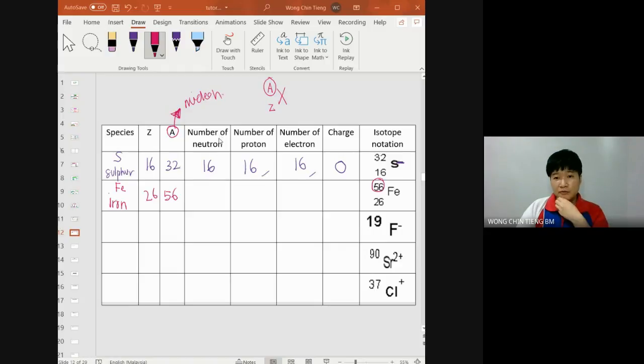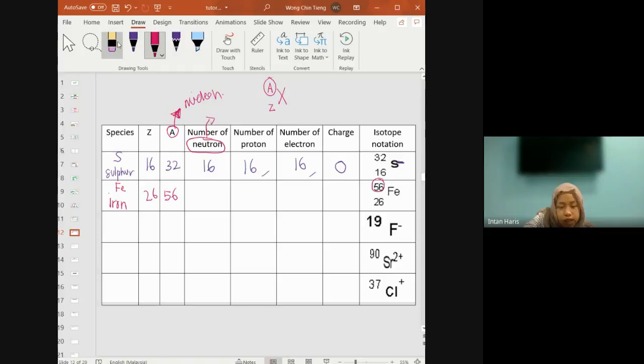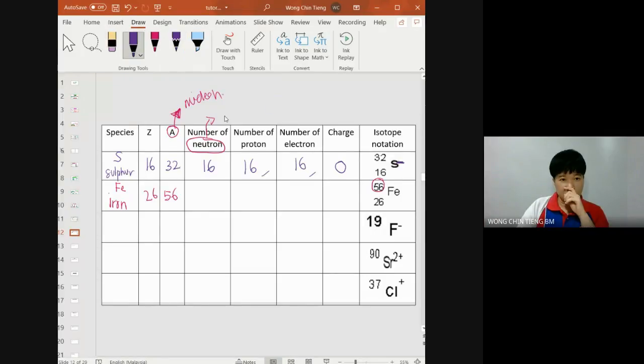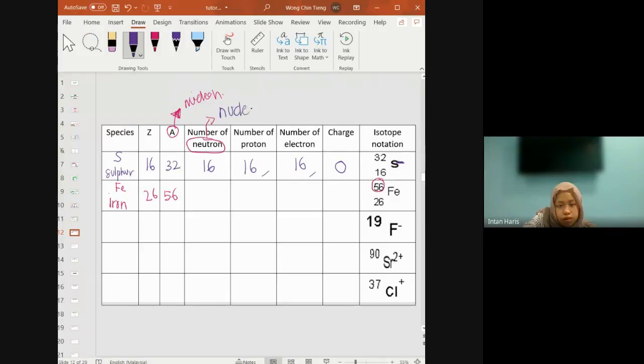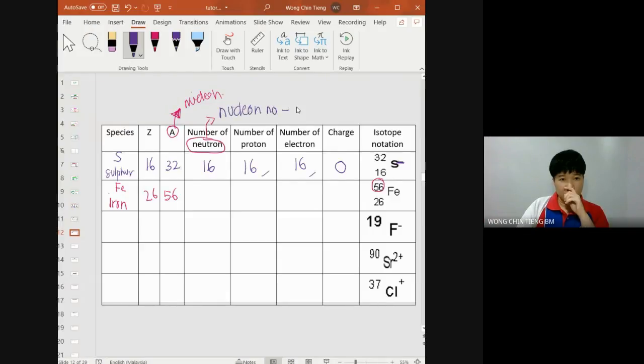Class, how do we get number of neutron? Any help? How can we get number of neutron, class? Tolakkan nuclear number dengan proton number. Nuclear number tolak proton number.